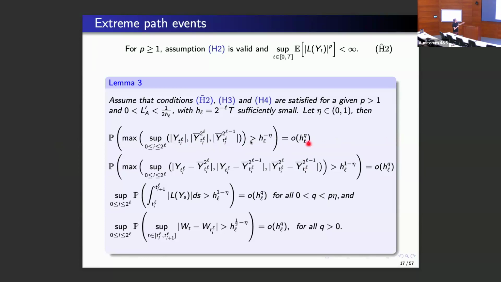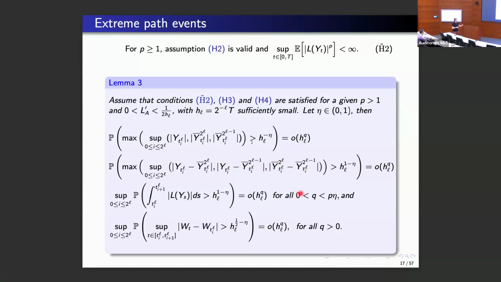Why? Because you have finite positive moments. So think of a Markov inequality for this, and then, of course, there is no restriction. Same thing here for the difference. We need to study how extreme this difference could be between the scheme and the true diffusion, and between the finer scheme and the coarse scheme.